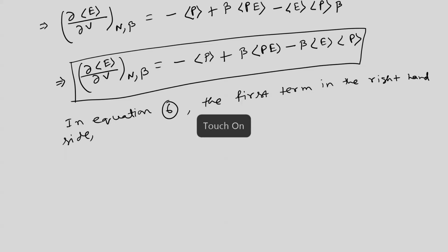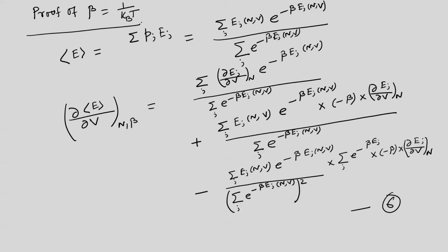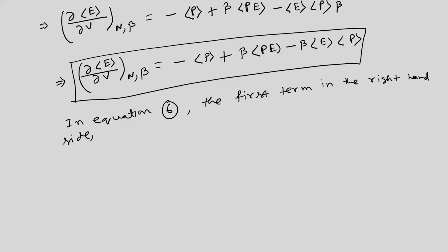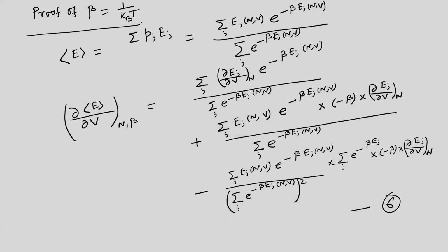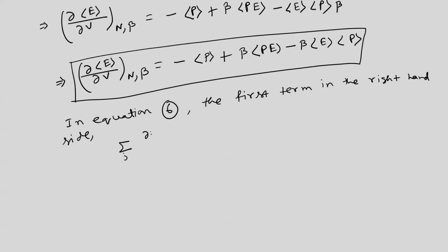We have sum over j del Ej by del V times e to the minus beta Ej by sum over j e to the minus beta Ej.